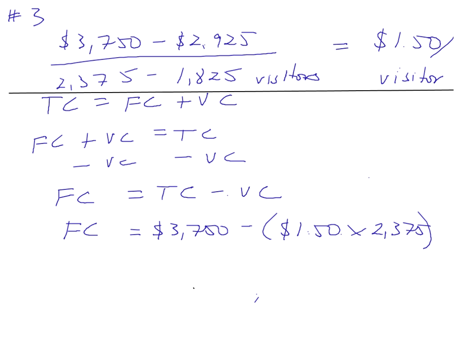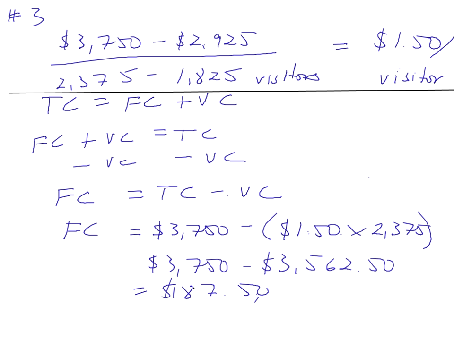So if you do the math here, $1.50 times 2,375, you get 3,562.50. So you do 3,750 minus 3,562.50, and you get 187.50. Now that's not your final answer, because remember the question says that the maintenance costs were actually in the thousands.